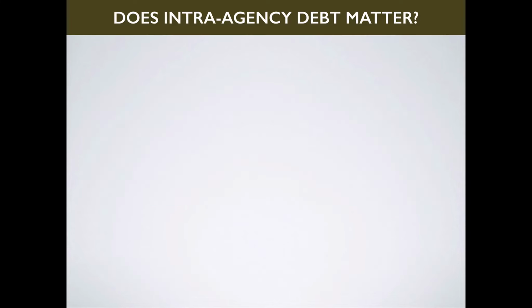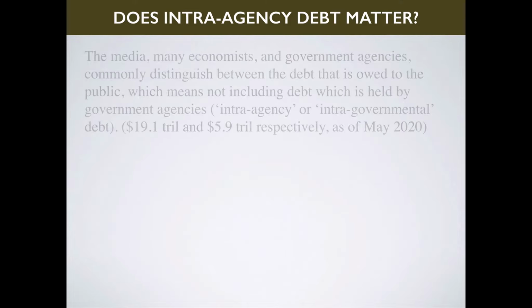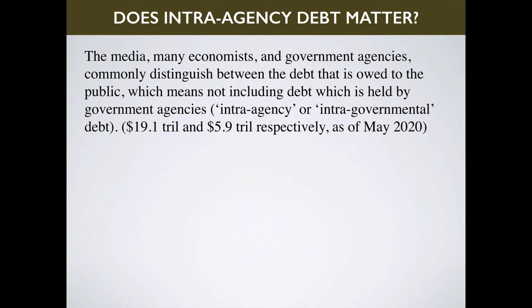Let's just touch on the question: does intra-agency debt matter? What this means is that the media, many economists, and government agencies commonly distinguish between the debt that is owed to the public, which does not include the debt held by government agencies. That is what's called intra-agency or intragovernmental debt.